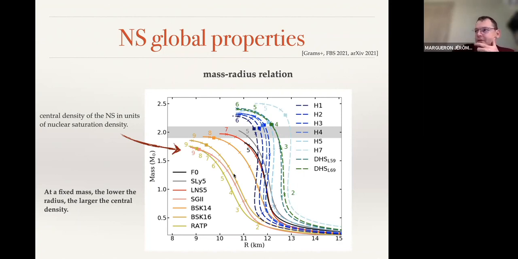For the chiral EFT, of course, it reproduces up to the breakdown of the approach, and we were obliged to have a prescription at high density. So in a sense, it is an extrapolation of the chiral EFT that you see in dashed line.